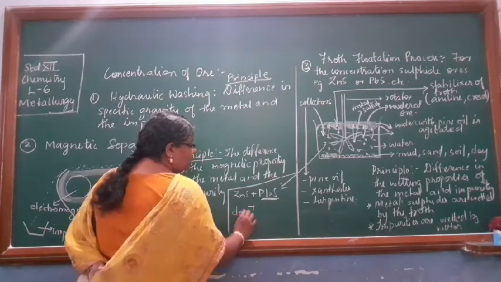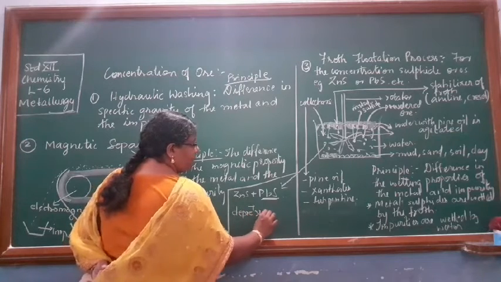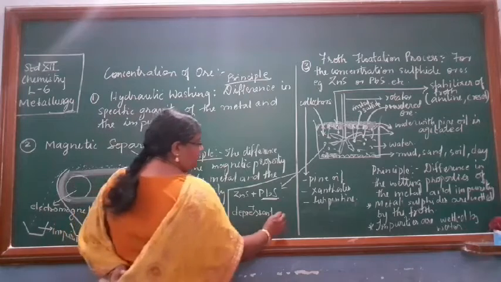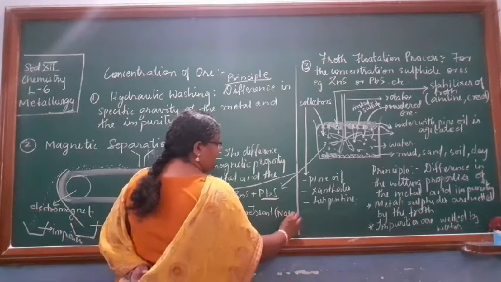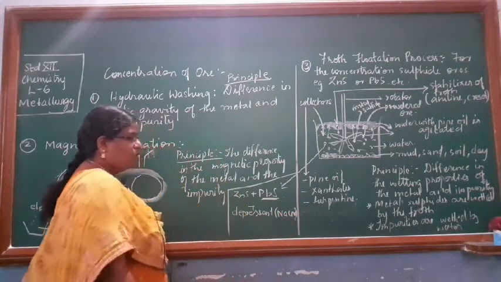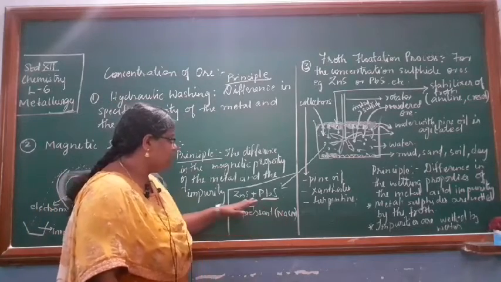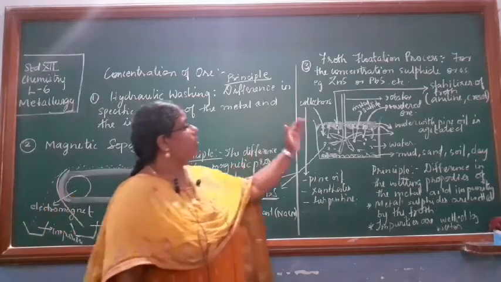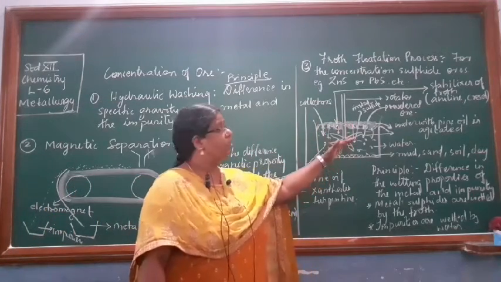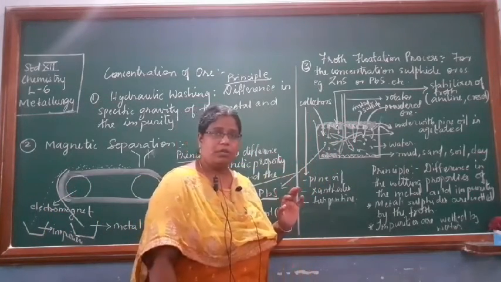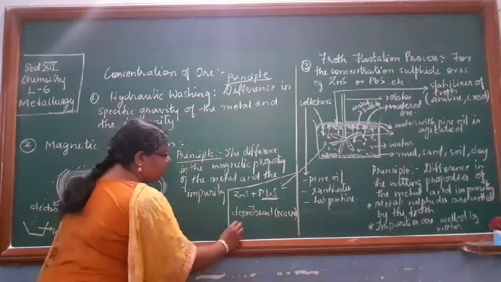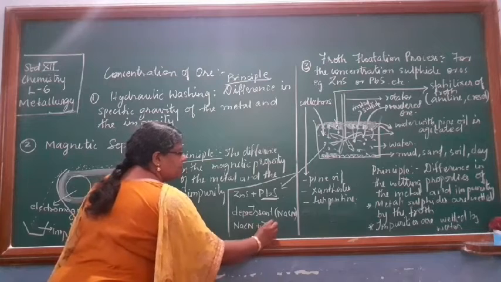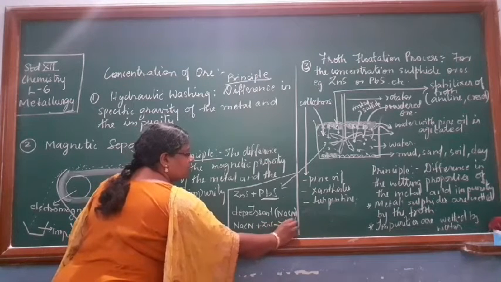We are adding a depressant like NaCN. So what will NaCN do? NaCN will make a complex with Zn and does not allow the material to stick to the froth. So here NaCN plus ZnS forms a complex.